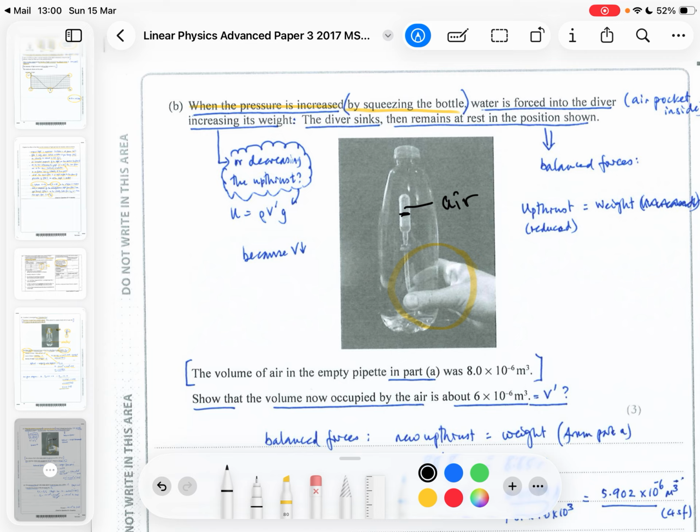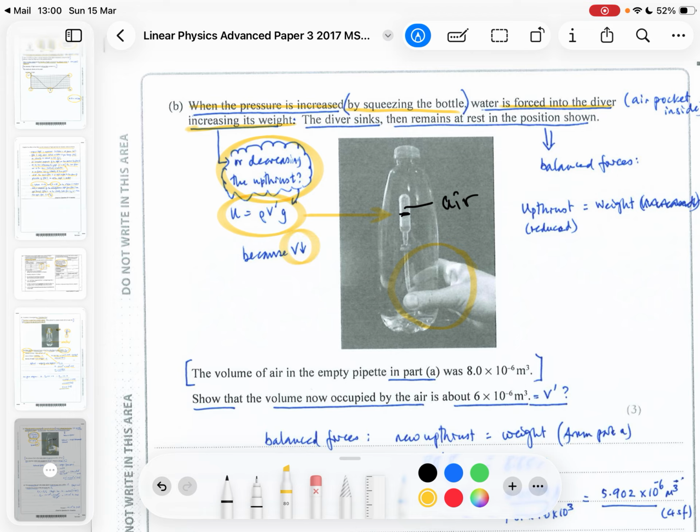Okay? So water is forced into the diver, or the air pocket, which increases its weight. I suppose that's true, but I'm saying, or decreases the upthrust due to the lower volume of the air pocket. Okay? So there'll be a lower volume of air pocket because the V decreases. And that's what they want us to calculate.